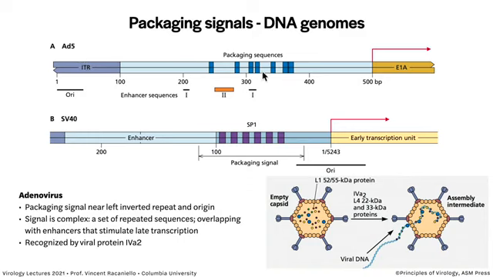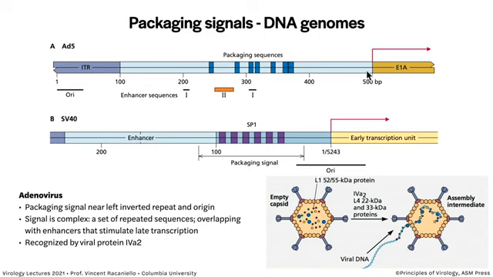Here's the packaging sequence. There's actually a bunch of them. There are a set of repeated sequences here near the left end. So here's the left end of the genome. And there's the inverted terminal repeat, of which there's one at the other end. There's an origin of replication at the left end.